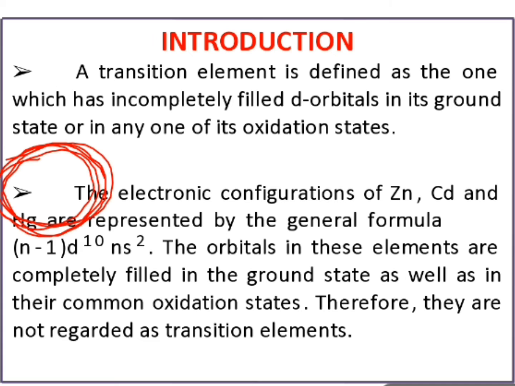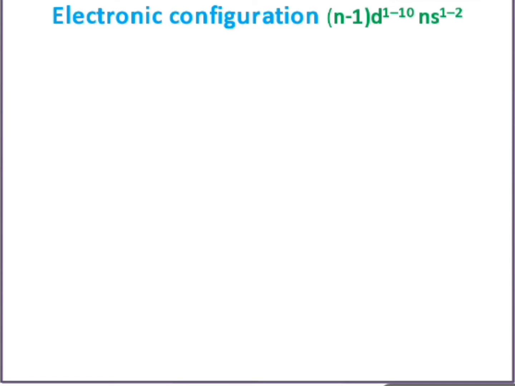Now, after this discussion, we will see electronic configuration. The common electronic configuration is (n-1)d 1 to 10 and ns 1 to 2. What is the meaning of this configuration?